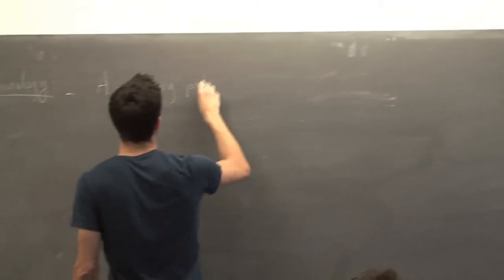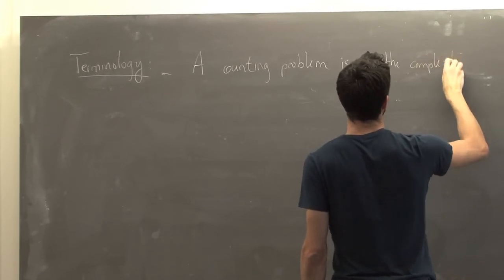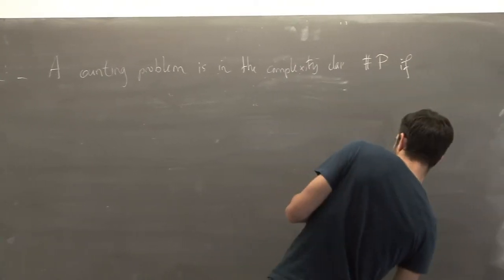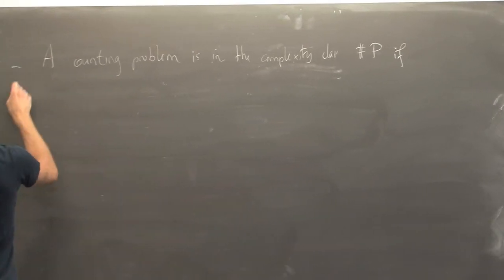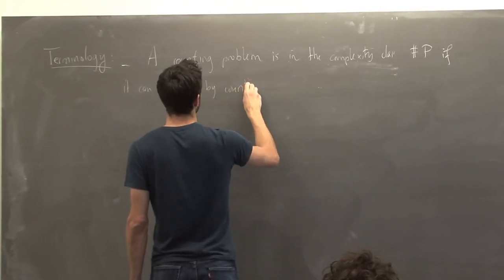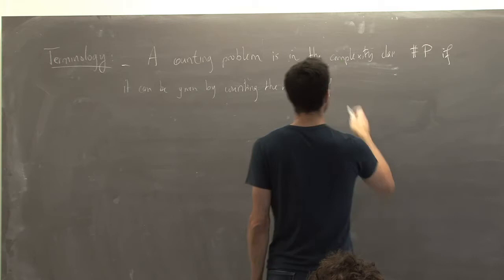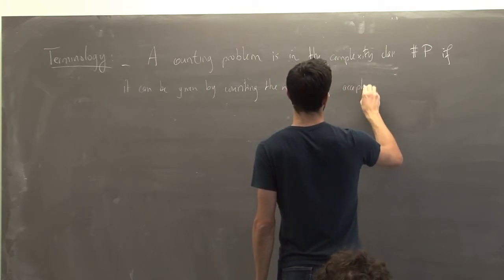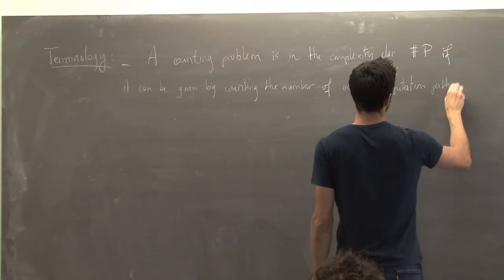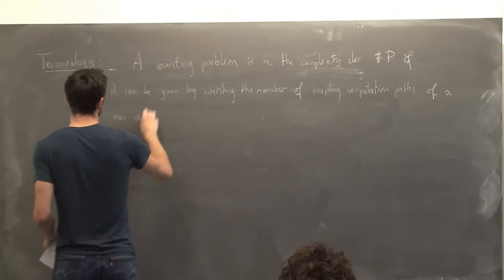So a counting problem is in the complexity class sharp P if it can be given by counting the number of accepting computation paths of a non-deterministic Turing machine.